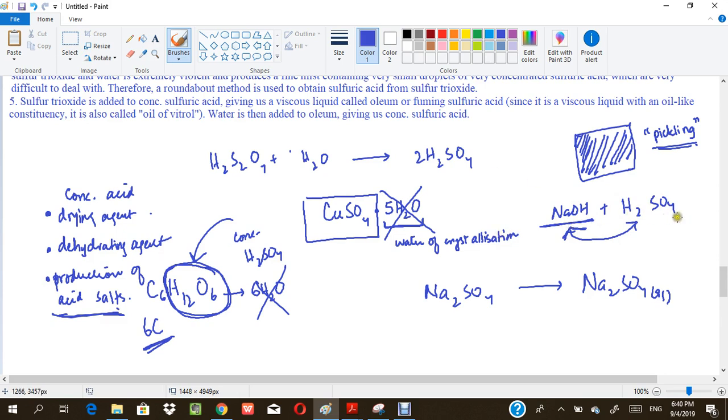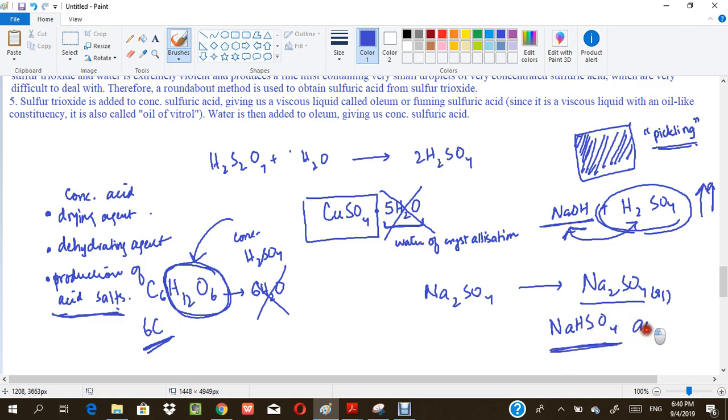But if sulfuric acid is in excess, that means sulfuric acid is present more than what is required to neutralize NaOH, what happens is that instead of sodium sulfate, we get sodium hydrogen sulfate.